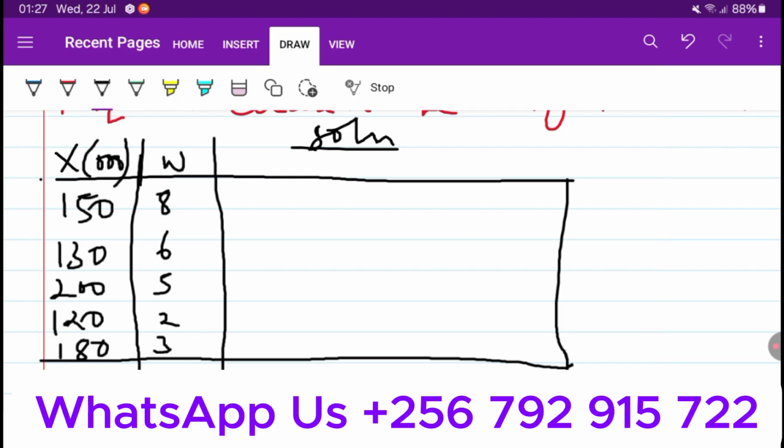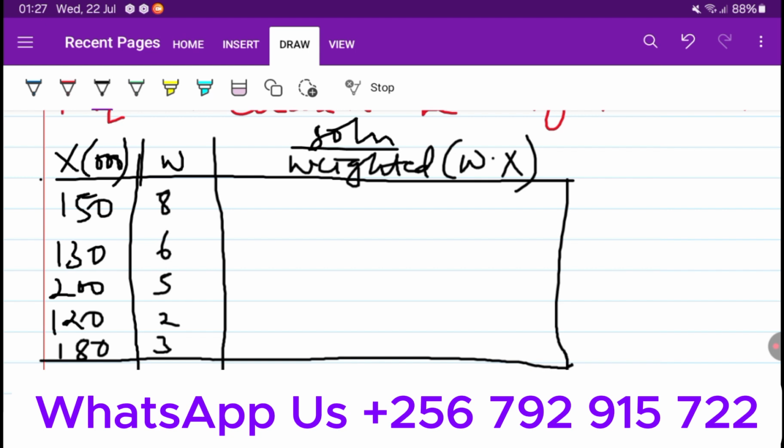So we are going now to get the weighted value, or the product. In other words, this one is going to be the W times X values. That's what we are getting there.